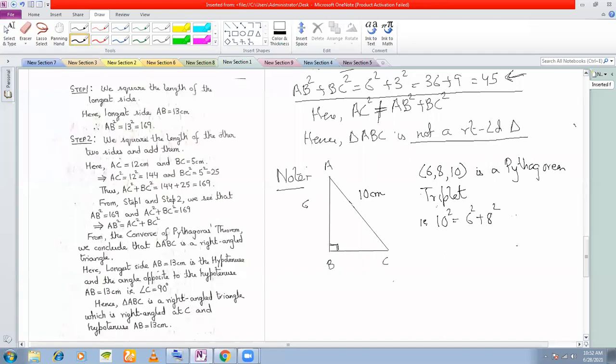That means you can take this as 6 centimeters and this as 8 centimeters, or this as 8 centimeters and this as 6 centimeters. Clear with this concept? Or any question you have?